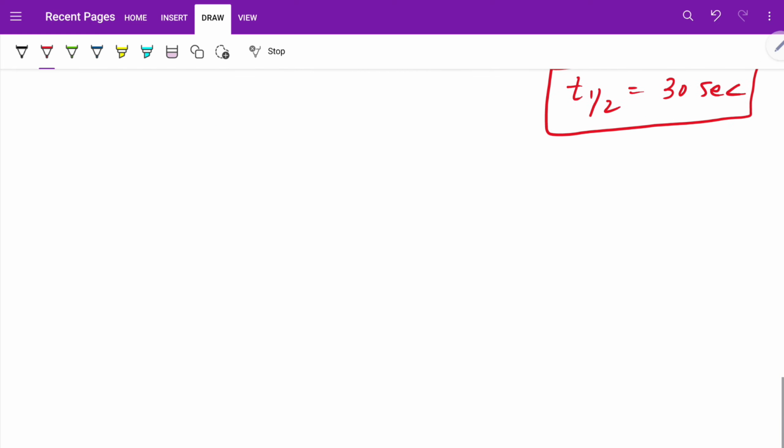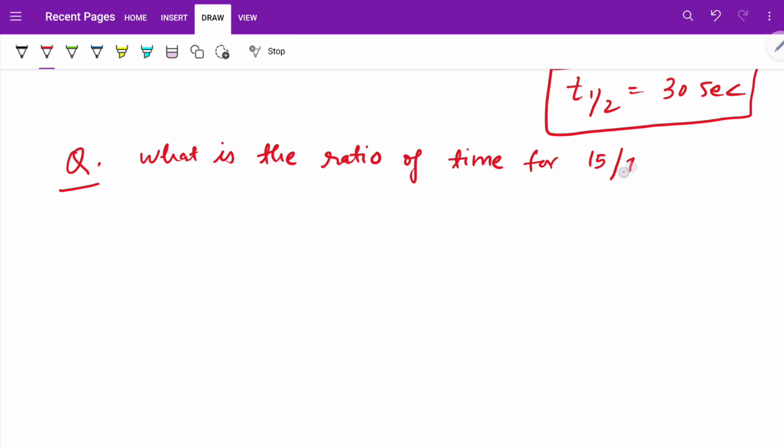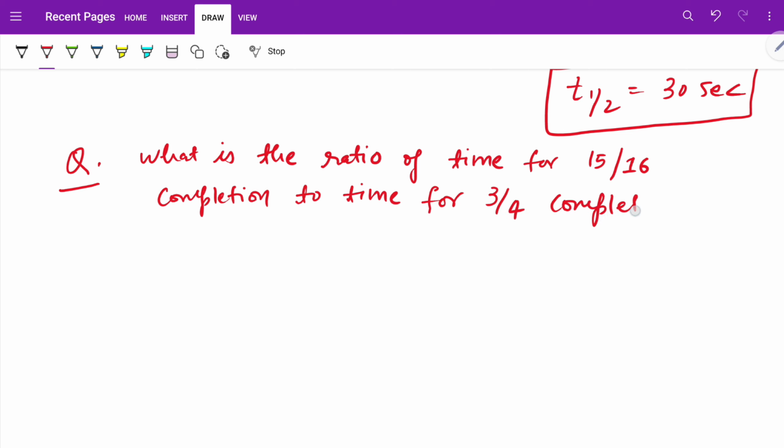Again, one good question I have. Suppose you have to calculate the ratio, I'm writing the question: what is the ratio of time for 15 by 16 completion to time for 3 by 4th completion for a first order reaction, of course.